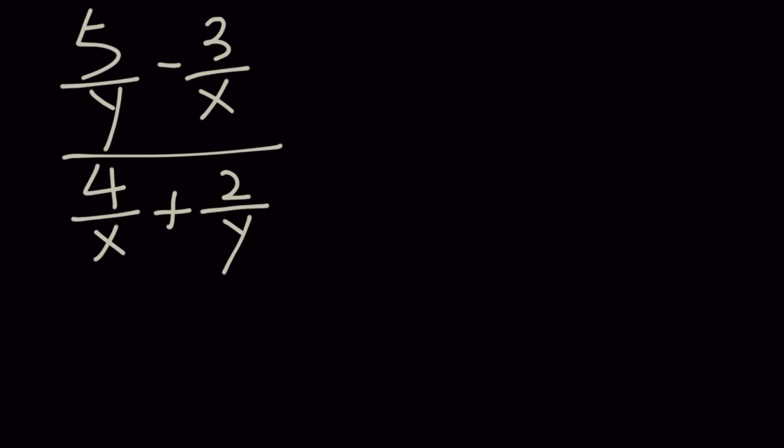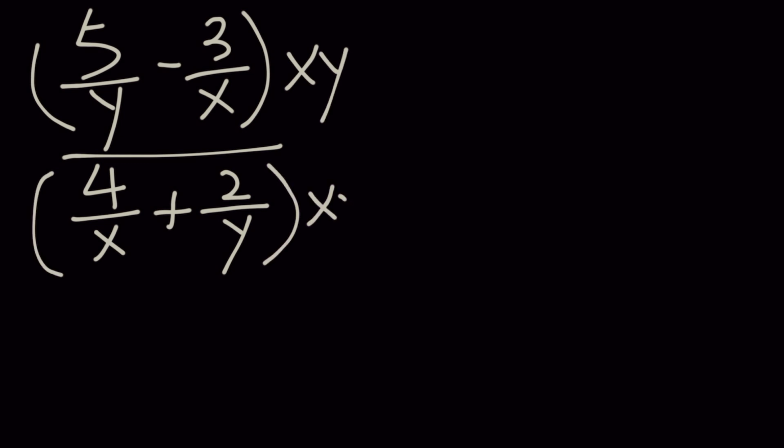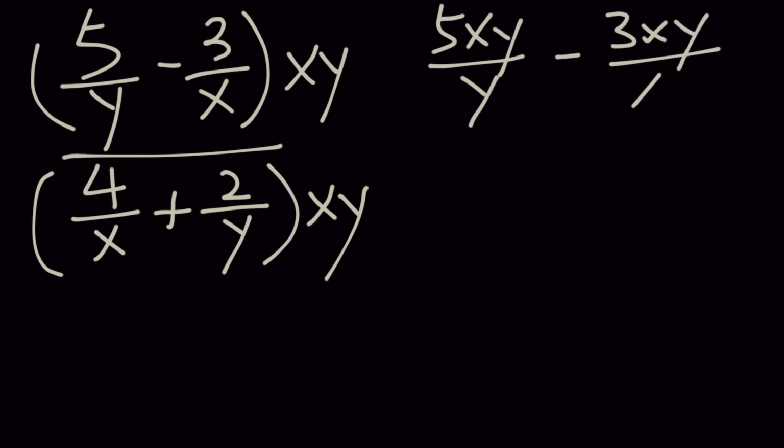Now here is the next question. Now we see different variables, y and x. So what we would do is multiply by common denominator. For the numerator, we will multiply by xy, same way with the denominator. We want to make sure that whatever we multiply on the numerator, same thing we do on the denominator. So again, doing the distributive property, we will have 5xy over y minus 3xy over x.